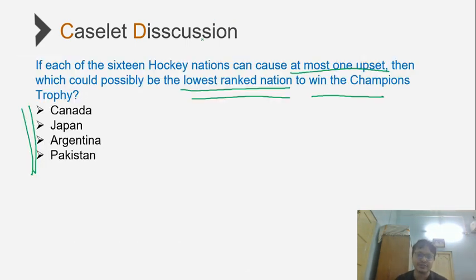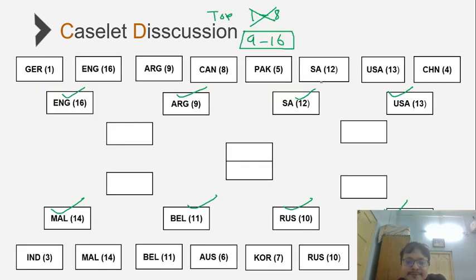The problem is that now that all of the 9 to 16 ranked teams have caused at most one upset, it means no more upsets are allowed. If no more upsets are allowed between the teams ranked 9 to 16, then automatically the best team out of the teams ranked 9 to 16 will go on to win the trophy.